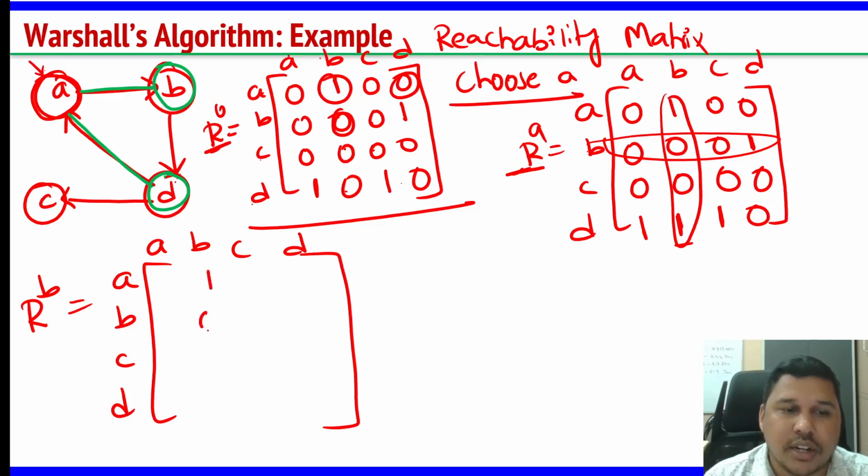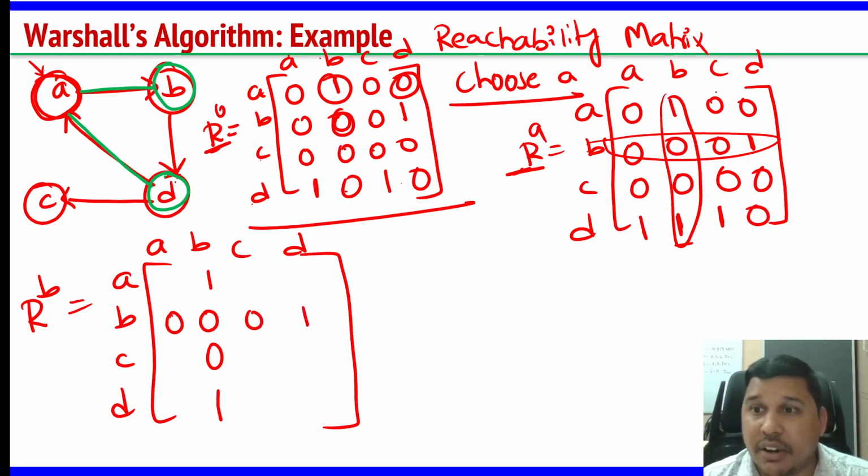So this is 1, 0, 0, 1 and this is 0, 0, 1. And wherever there is a 1 also, we need not do anything. This is all ones. The remaining places we have to fill, using B. Let's do it. The first one is A to A. Using B, can we show a path from A to A?